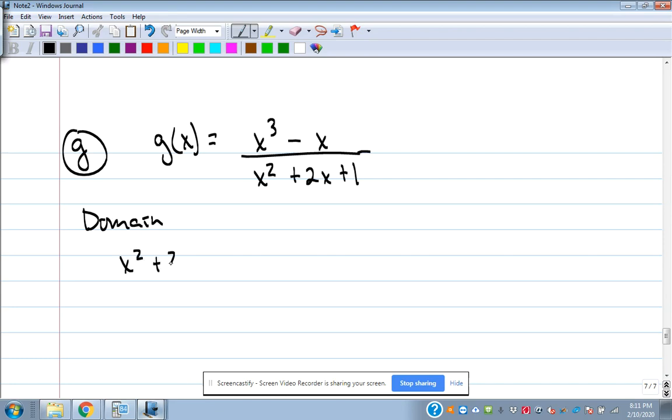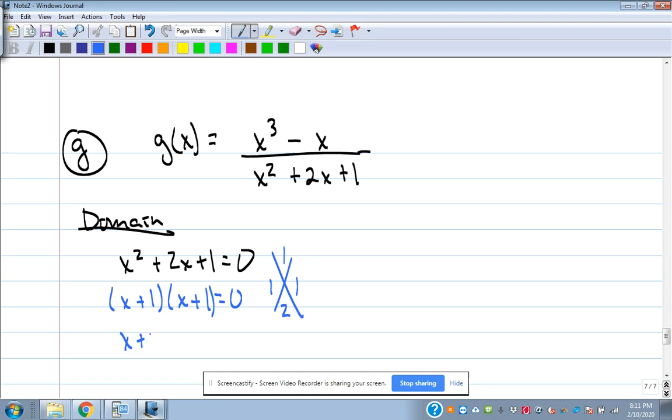So x squared plus 2x plus 1 equals 0. That's a good start. And how am I going to try to solve that? X method of factoring, going to multiply to be 1 and add to be 2. 1 and 1. So that's x plus 1 and x plus 1.